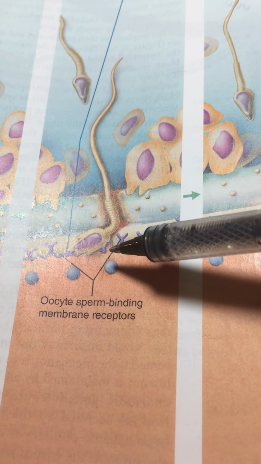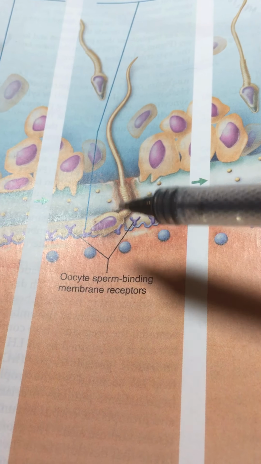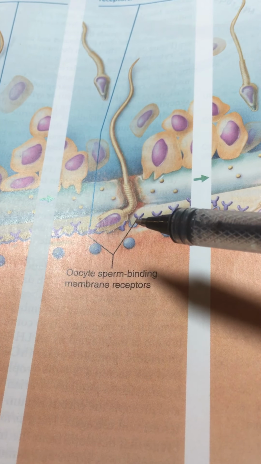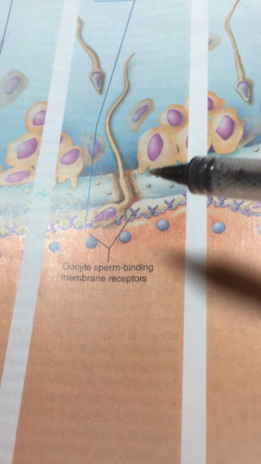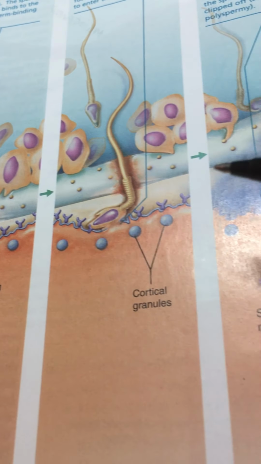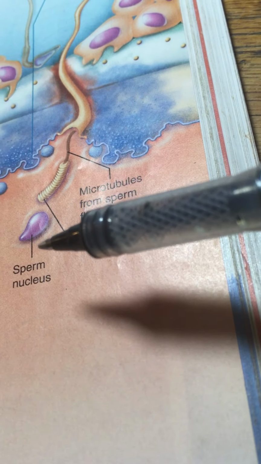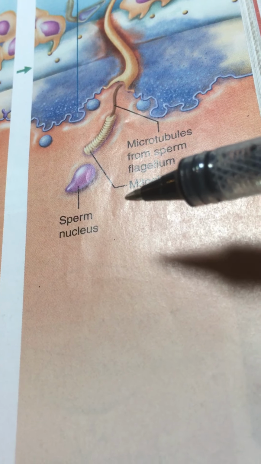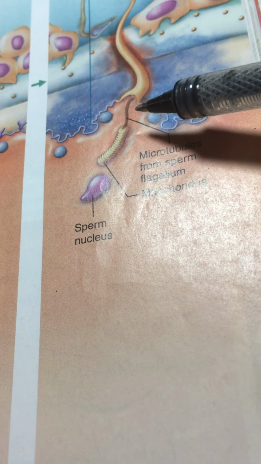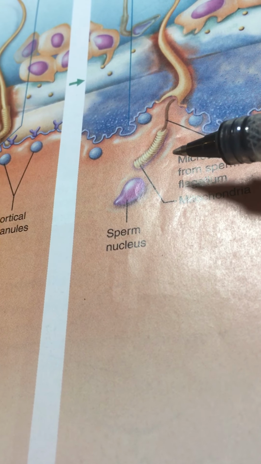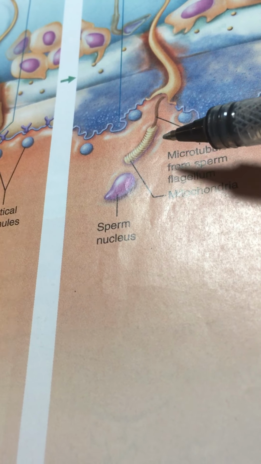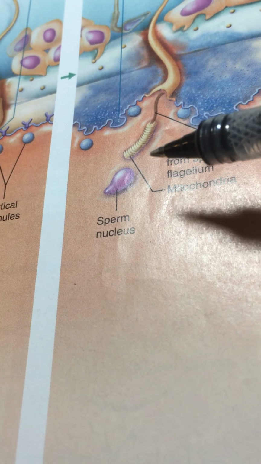It's a little bit like infection, if you think about it from that perspective. The nucleus from the sperm has to be released ultimately into the cytoplasm of the ovum.